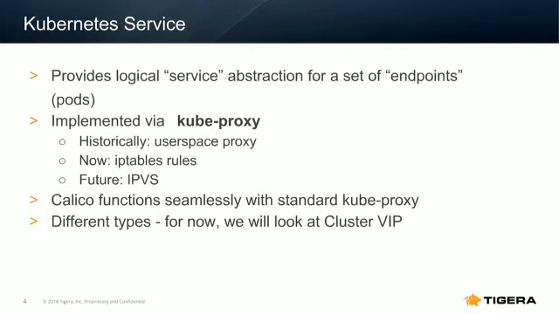So you use Kubernetes labels to identify workloads that should be part of a service. And then you define a service object in Kubernetes that will expose that service to the broader community, make it discoverable via DNS, which we've talked about a little bit before, as well as making that service exposed via some networking mechanism.